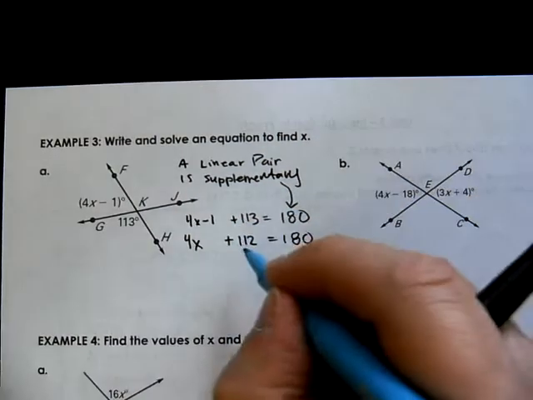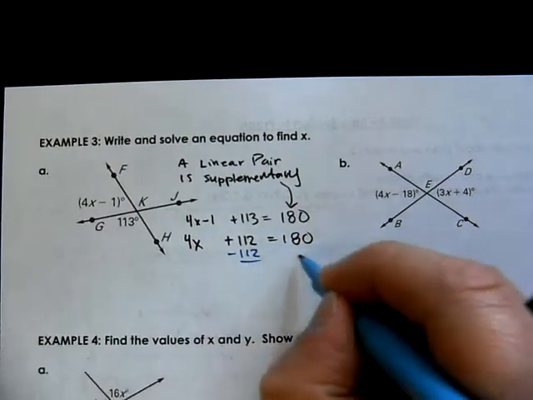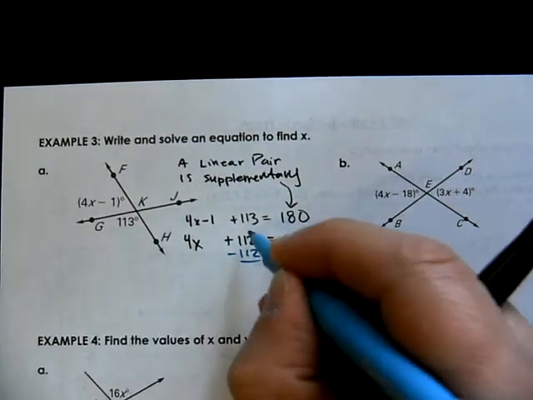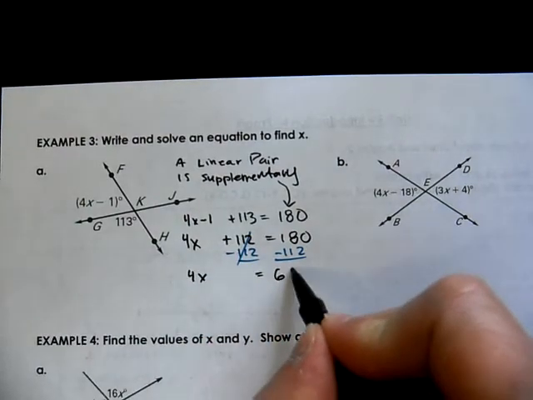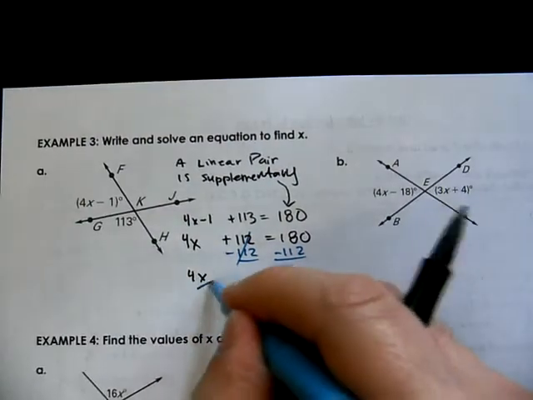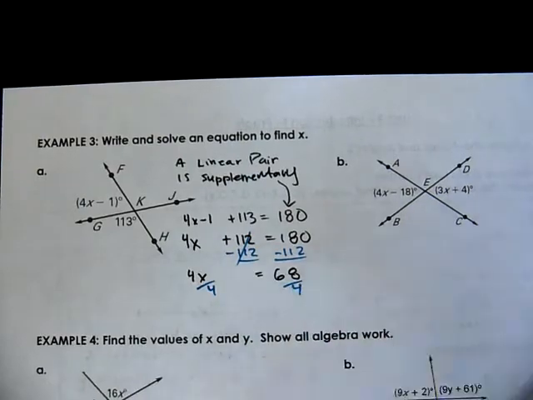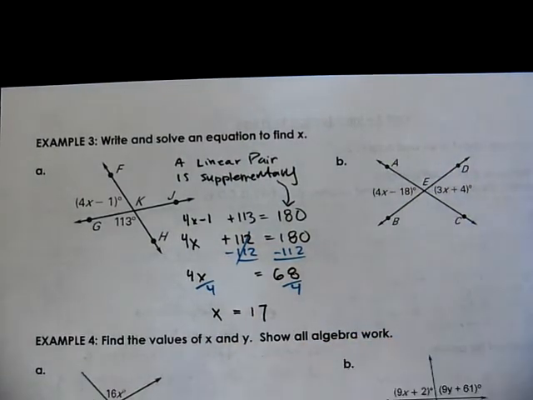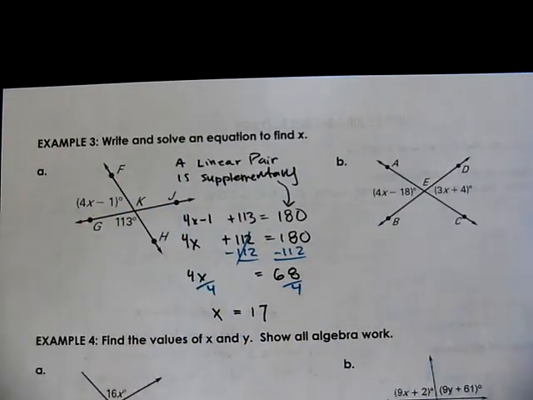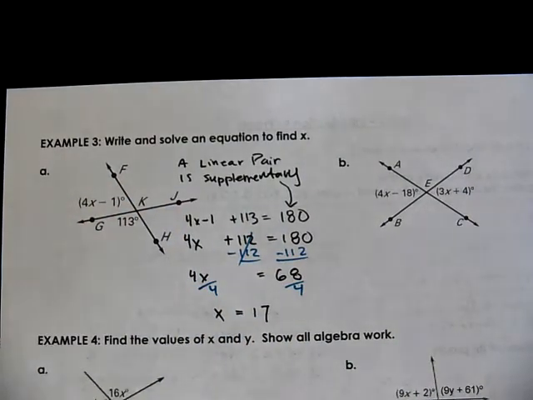Now I'll move my constant terms to the other side. We'll subtract 112 from both sides. And so we have 4x equals 68. And lastly, divide away the 4. The problem asks us to solve for x, and we did. We don't have to plug it back in. And there it is, x is 17.